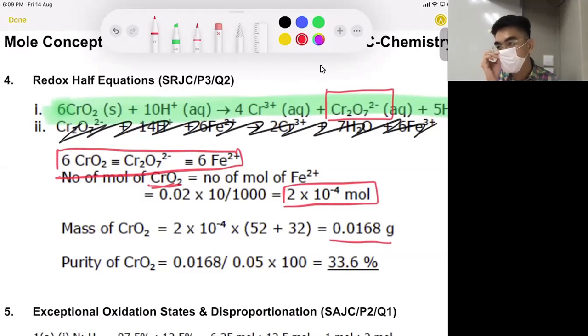No, the oxidizing agent is the Cl2. It's the one from organic chem. Fe2+, yes. Okay, try question 6 first, then I will talk about it in a short while.